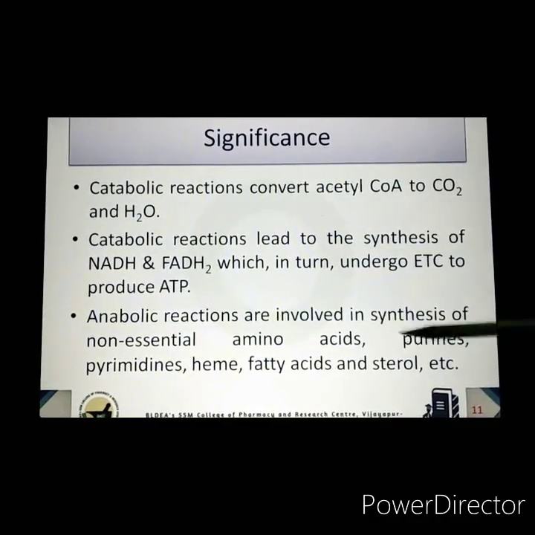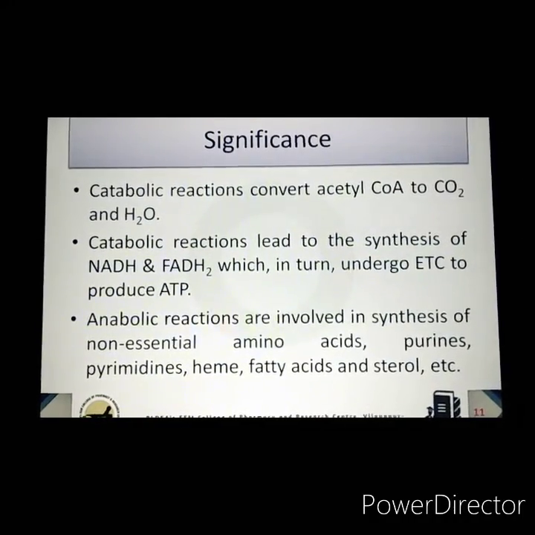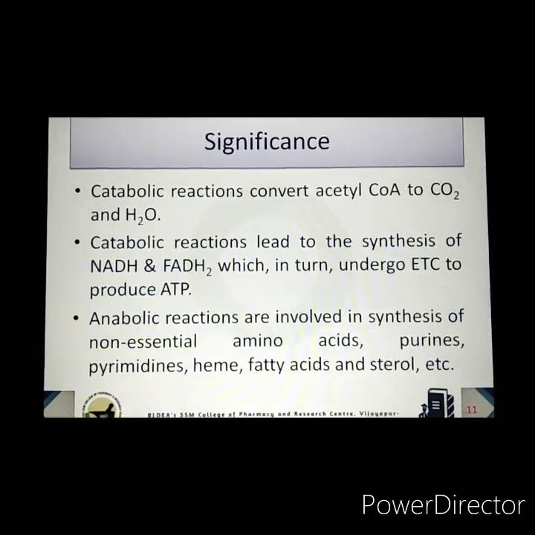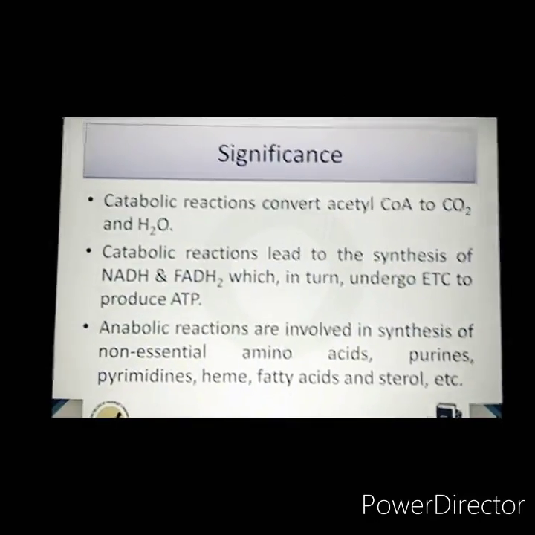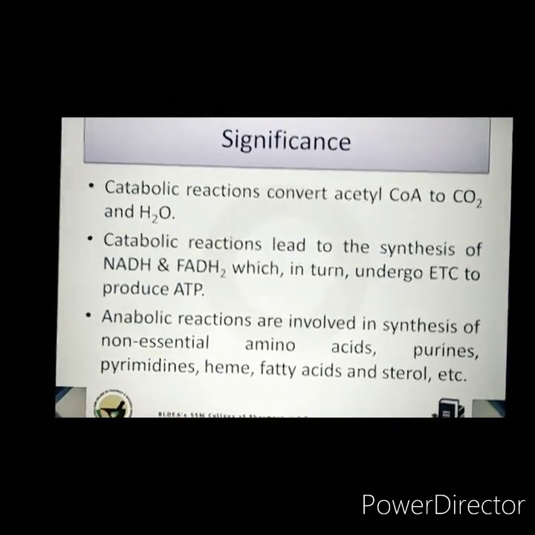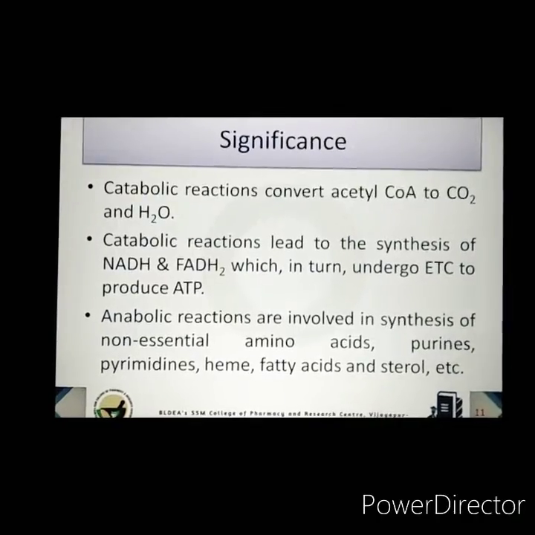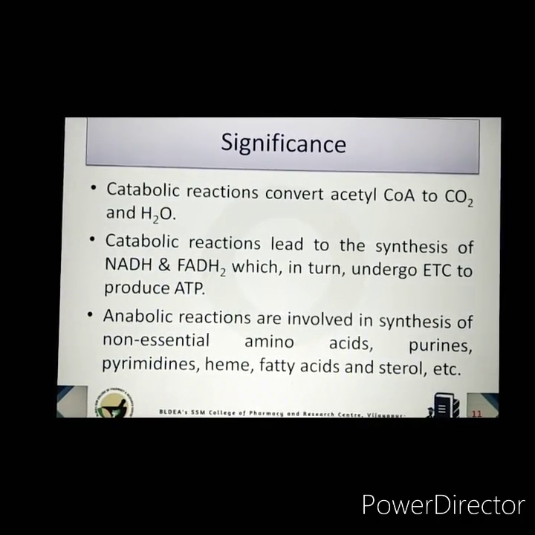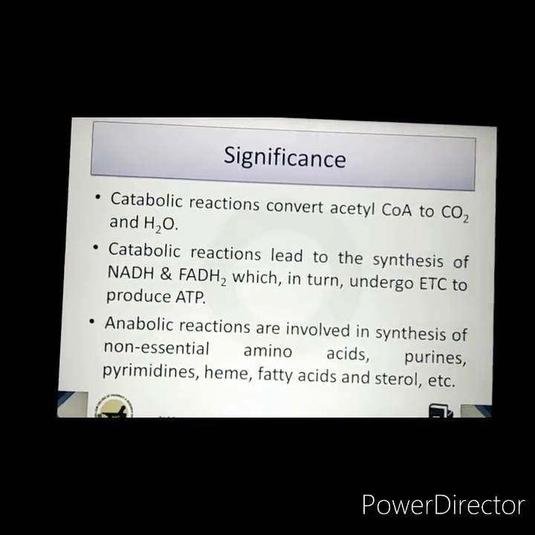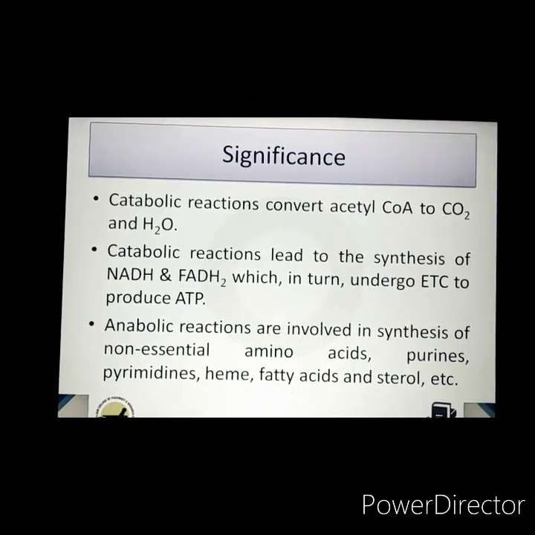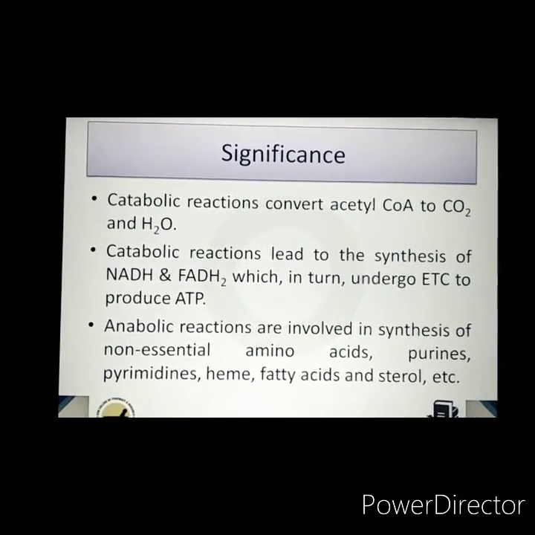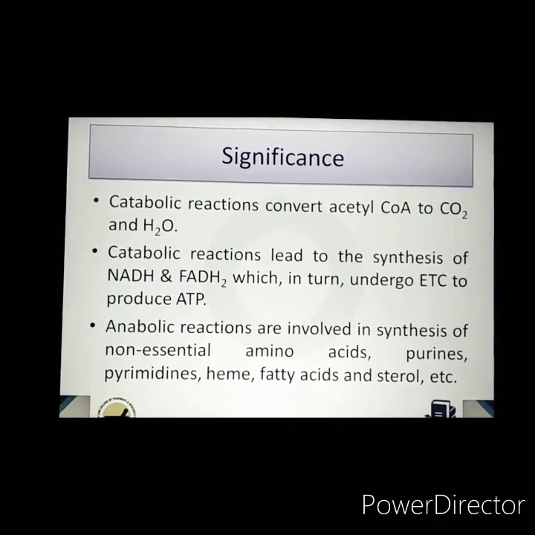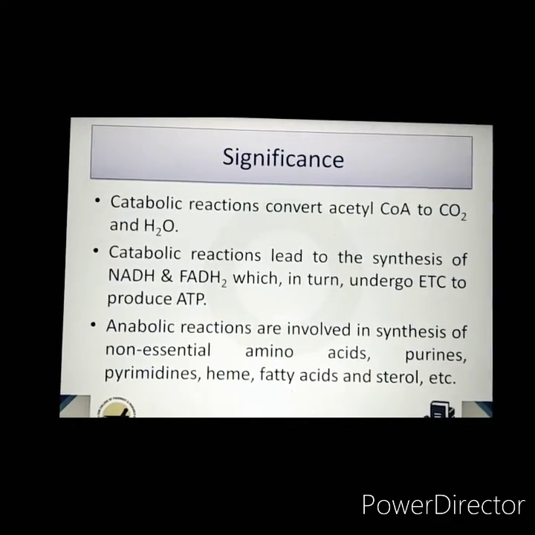Also the TCA cycle helps in the synthesis of complex molecules like amino acids, fatty acids and sterols. In this video we have learned the detailed procedure of how the citric acid cycle is carried out, that is, how acetyl CoA is converted into carbon dioxide and water, and also how anabolic reactions take place for synthesis of complex molecules.